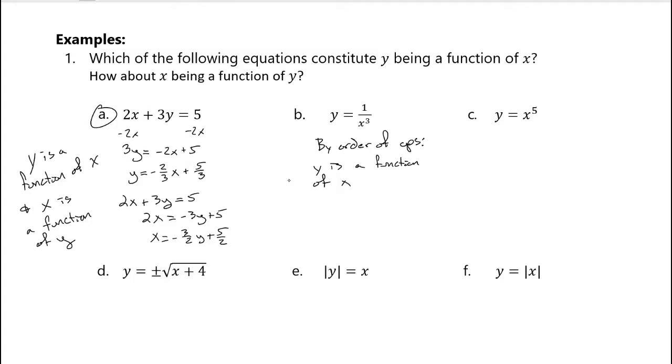Now it's a little more difficult to tell the other direction, but if I have a y value, let's take 1 for example, we ask, is there more than one x value that would get us to that y value? If y is 1, is there more than one x value that would go with that? So if we're inputting a y value, is there more than one output for that y value?